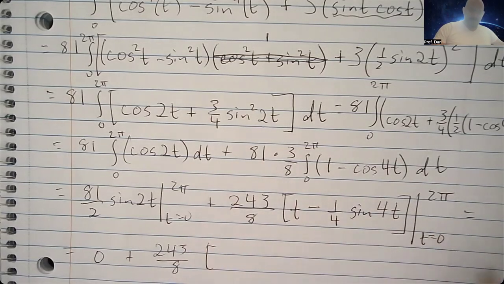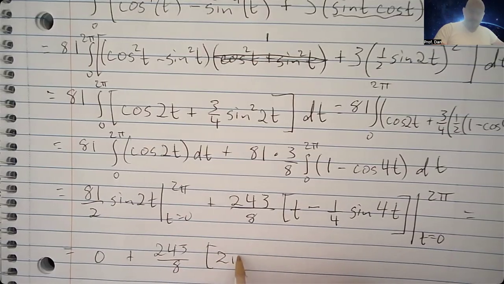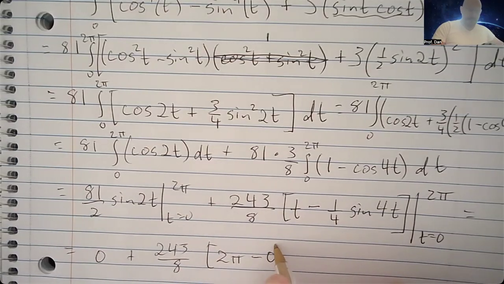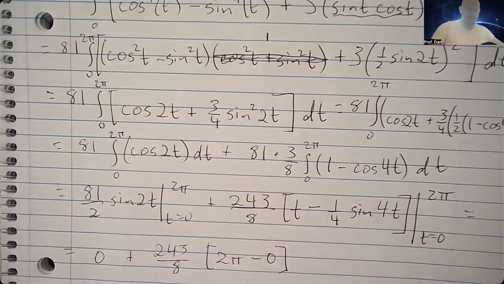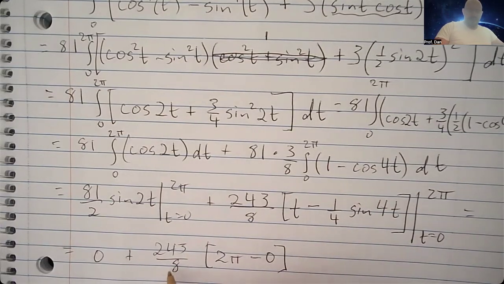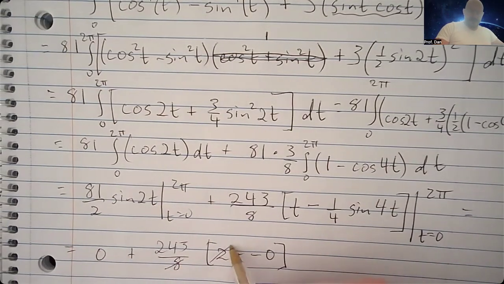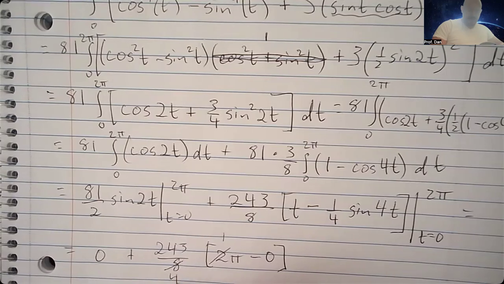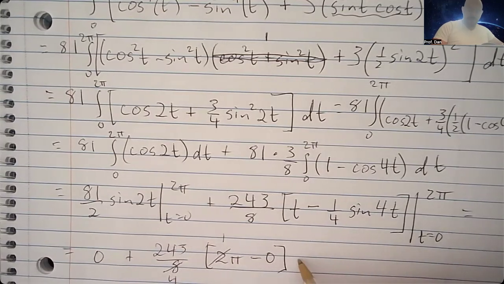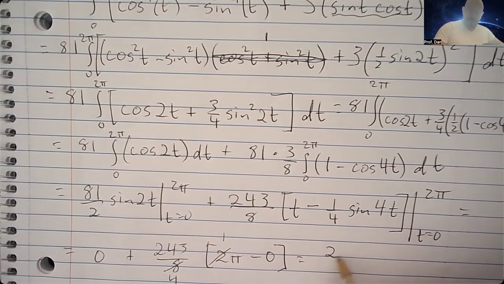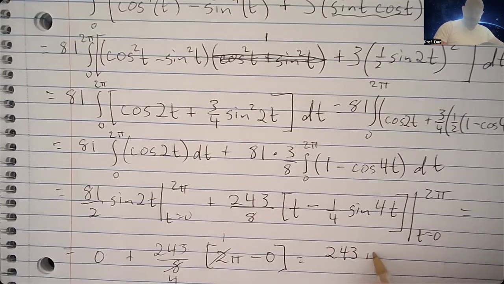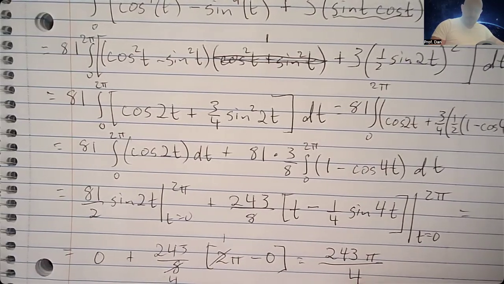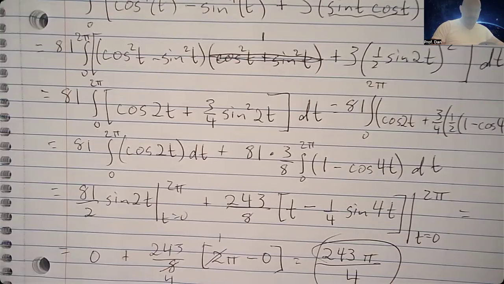But we do need to put in 2 pi minus 0 for the t. And if I were to simplify, 2 over 8 simplifies to 1 over 4. So we would end up getting 243 pi divided by 4 as our answer.